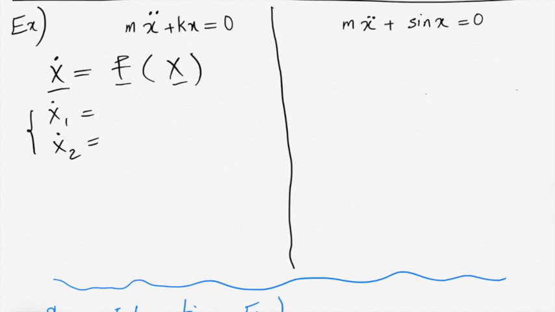two variables. One of them, sorry, I shouldn't put it in dot. One of them is x1, we take x1 as x, and also we take x dot as x2. So you can think of it like position and also the velocity.